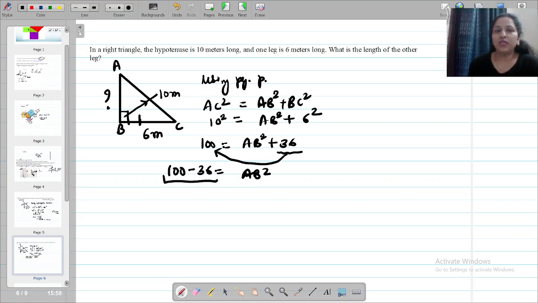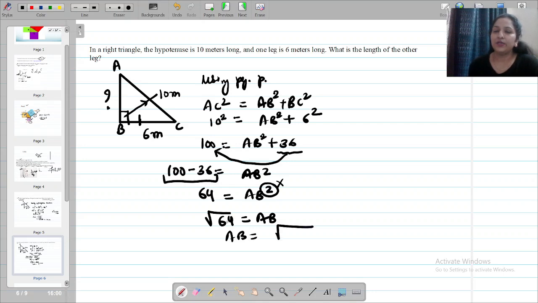The difference of these two numbers is 64, which is AB square. I told you if we have to remove this square, it goes as square root of this number. So this is square root of 64, which is AB. That means two similar numbers inside the root. 64 is what? 8 into 8 is 64.